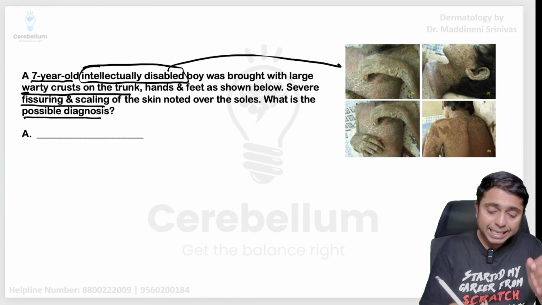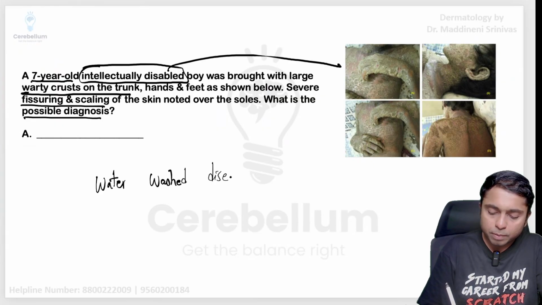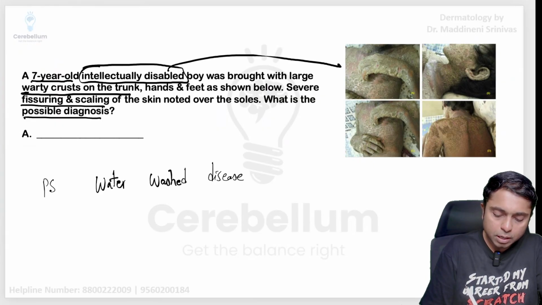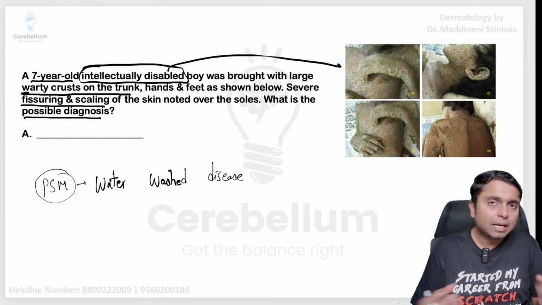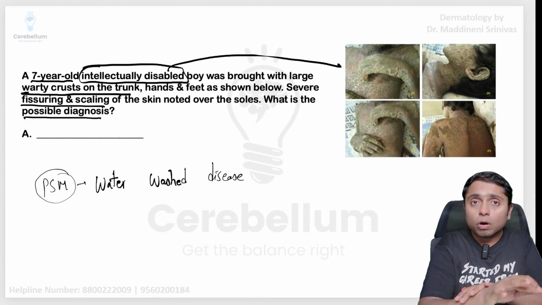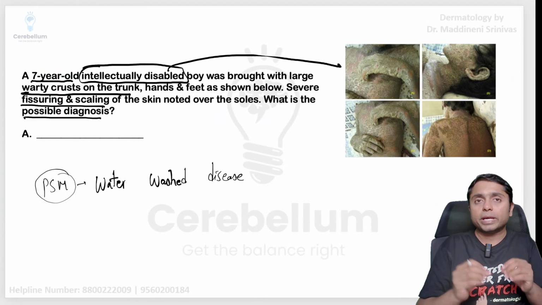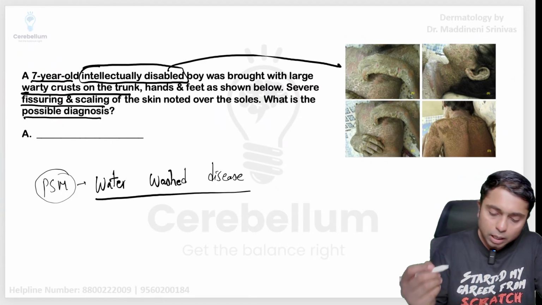So remember students, scabies is a water washed disease. It is a water washed disease. From your SPM knowledge, if you remember, the diseases whose incidence we can easily reduce by simply making use of water to wash the body are called water washed diseases, and scabies is one such disease.